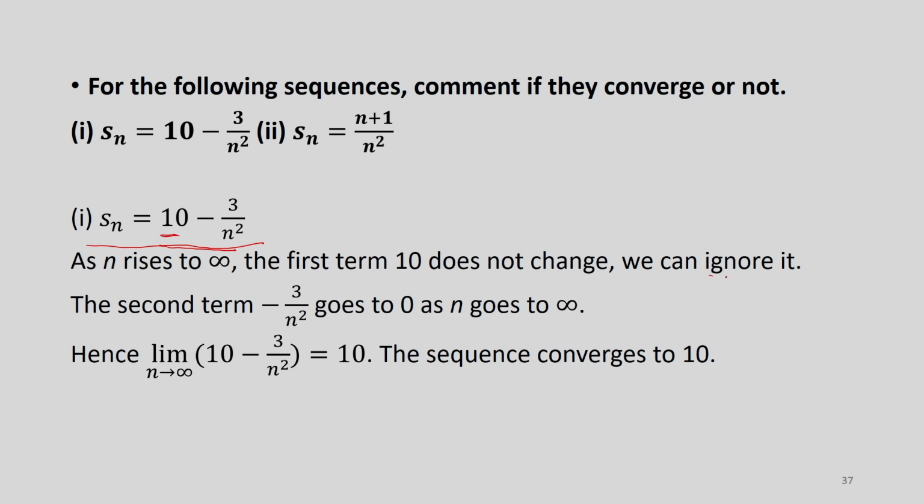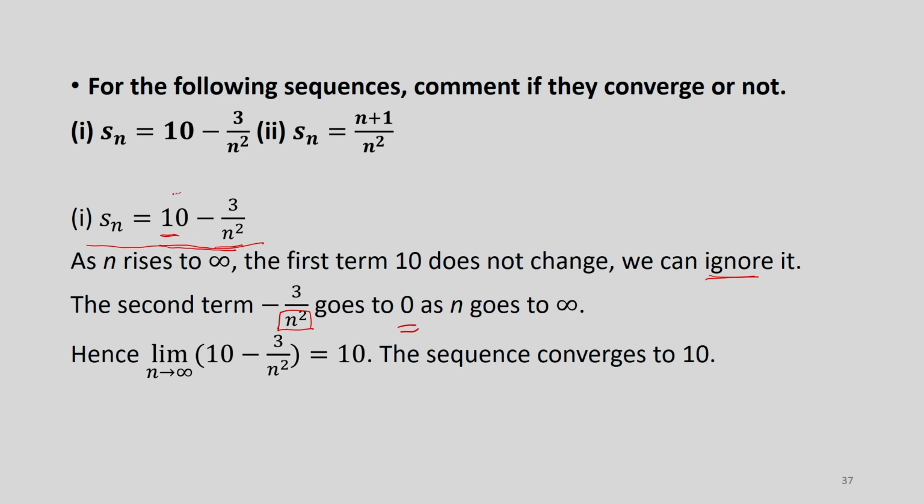So, we can ignore it. What about the second term? Second term is minus 3 divided by n square. Now, as n goes to infinity, the denominator goes to infinity. As the denominator goes to infinity, the numerator is constant. So, the term goes to 0 as n goes to infinity.